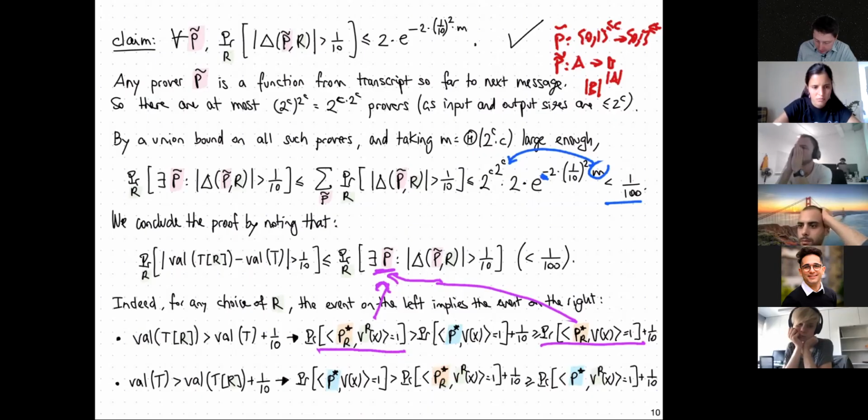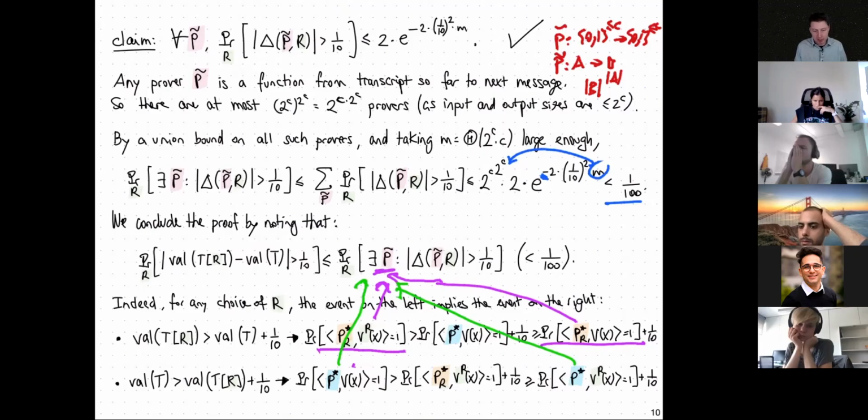And now in this other case, it is this P star that separates the delta, that makes the difference big. So this addresses the earlier question: what if you have different provers that achieve optimality in the different games? That's fine, by what this argument here shows. Okay.